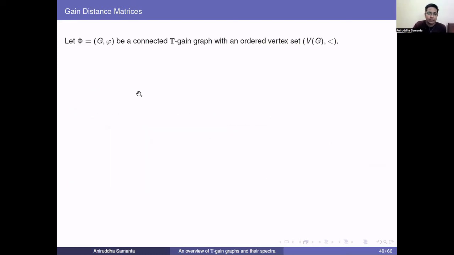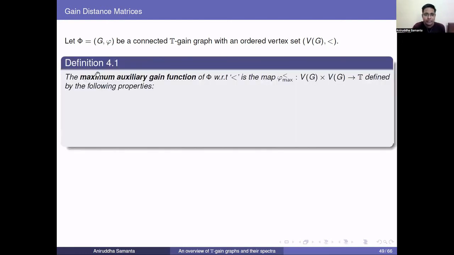Well, let phi be a connected T-gain graph with an ordered vertex set V of G, less than. Then we define two auxiliary gains: one is the maximum auxiliary gain, another is the minimum auxiliary gain of a T-gain graph phi with respect to the ordering less than. This is a mapping denoted by phi max less. It is from V cross V to T, defined as follows.